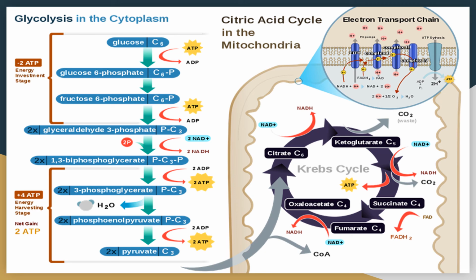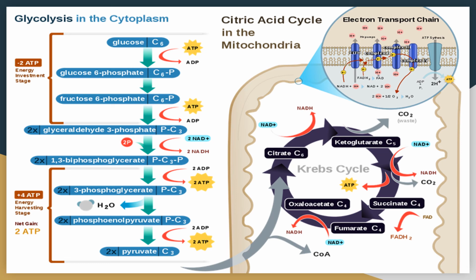You're breaking up the glucose, and no oxygen is required. It needs 2 ATP to happen. It generates 4 ATP and gives us a net of 2 ATP. I'm not going to quiz you or test you on that. I just want you to be aware of the terminology.